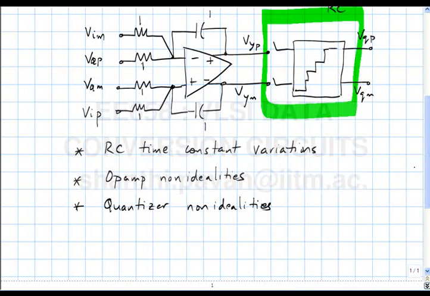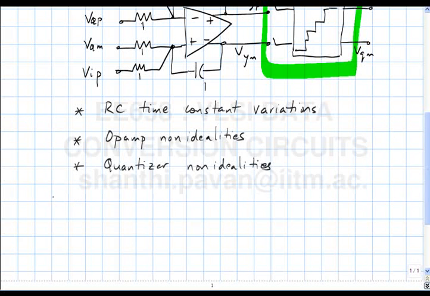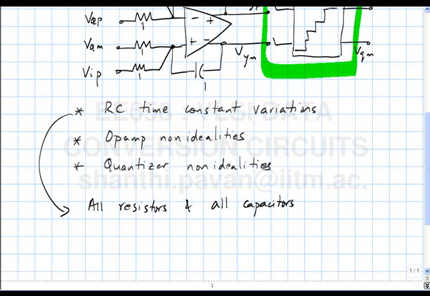You understand? But the bottom line is that all resistors and all caps change by the same factor on an IC.